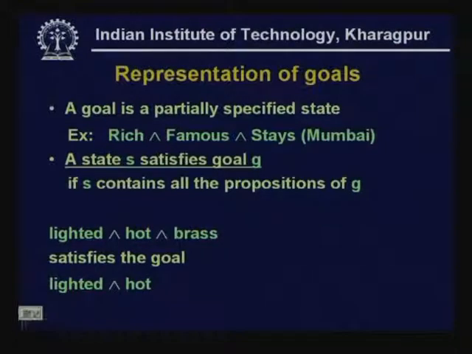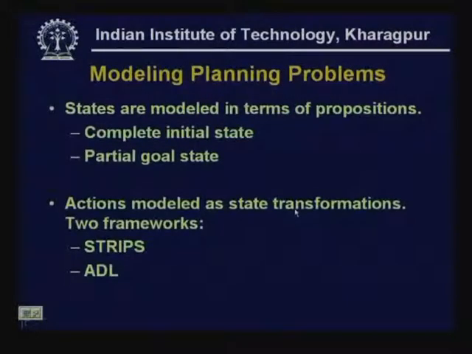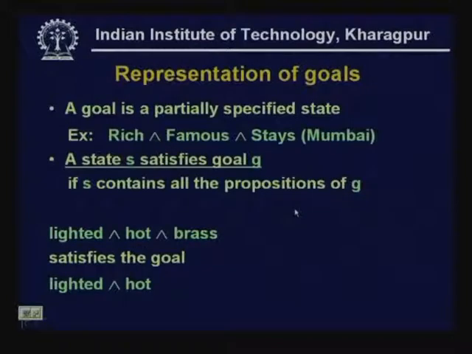If we take another example, if we say that rich and famous and miserable and stays Mumbai and acts in movie M1, so that state will satisfy the goal rich and famous and stays Mumbai. So, for a state to satisfy a goal, all the propositions in the goal must be in the description of the state.